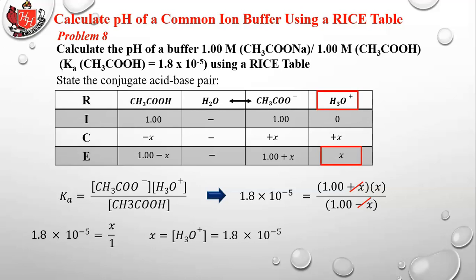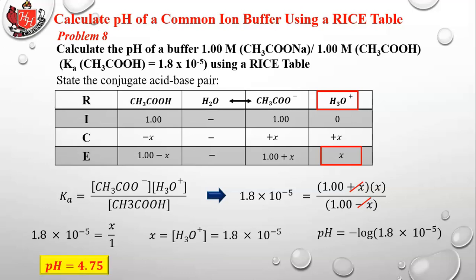If you look over there, the hydronium ion concentration at equilibrium is X. So you can simply substitute that X equals the hydronium ion concentration, which equals 1.8 times 10 to the negative 5th. You take the negative log of that, and you get the pH, and the pH equals 4.75. We've seen that number before. We've used acetic acid quite a few times.